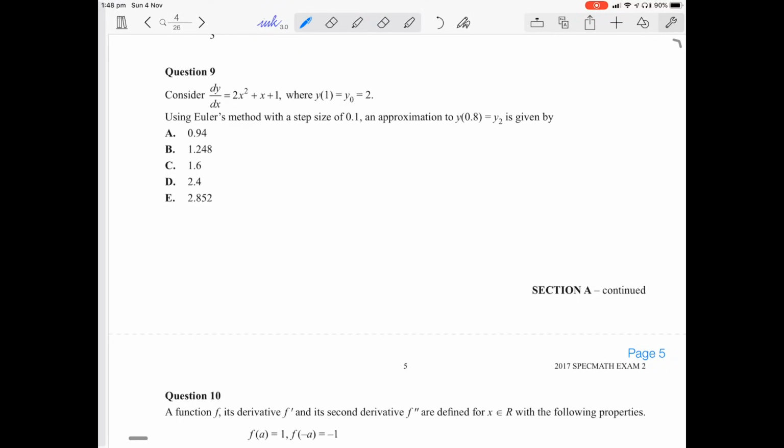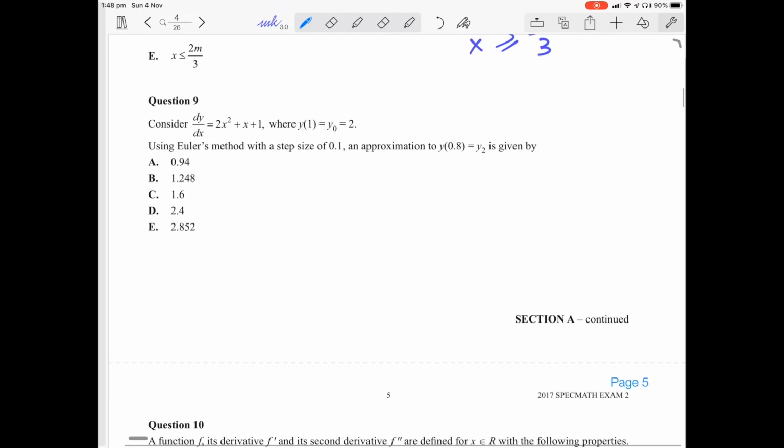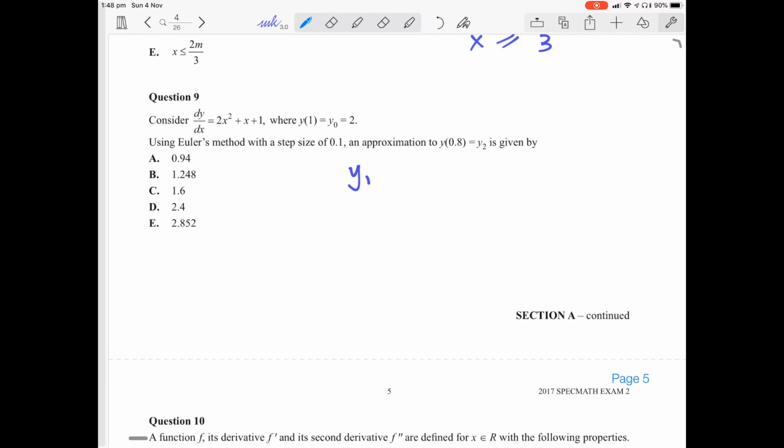Why is 0.8? Okay, I'm just going to do it by hand. So if y0 is 2, y1 is going to be 2 minus, because we're going backwards, so negative 0.1 times f of x, and x in this case is, the hell is x?